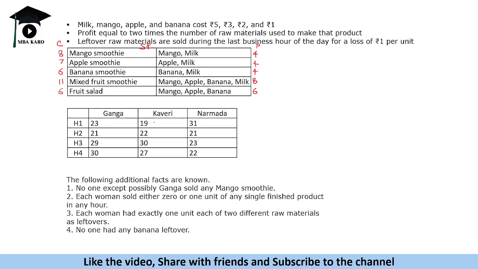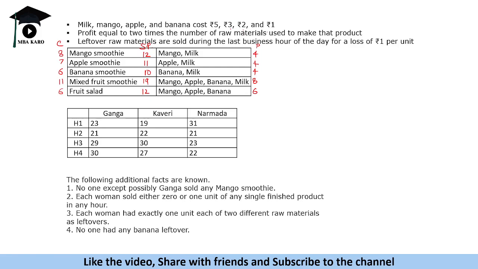Okay, so what we need to put here is, like, add this 8 plus 4 is 12, 7 plus 4 is 11, this is 6 plus 4 is 10, 11 plus 8 is 19, and 6 plus 6 is 12. So these are the selling prices of the different items.